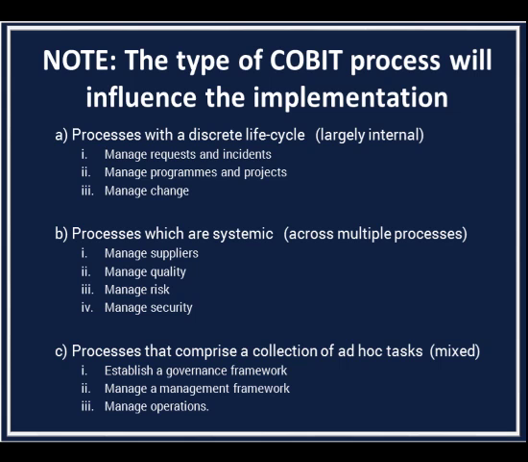They coordinate, orchestrate, and choreograph work across multiple processes. For example, managing suppliers, or manage quality, manage risk, or manage security. While other processes comprise a collection of ad hoc tasks. For example, establishing a governance framework, managing a management framework, or managing operations.